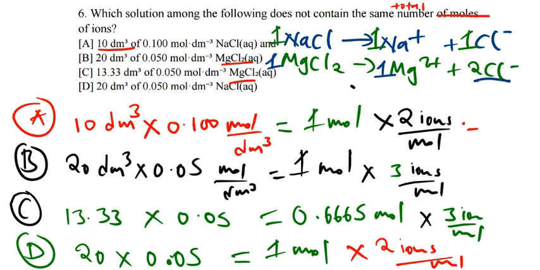So now I want to multiply that to determine the number of ions. The first one would be 2, second one would be 3, the third one 3 multiplied by 0.665.